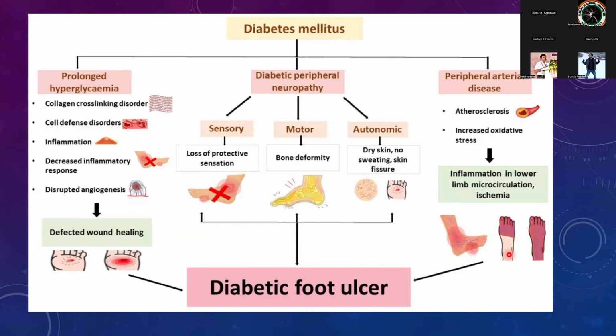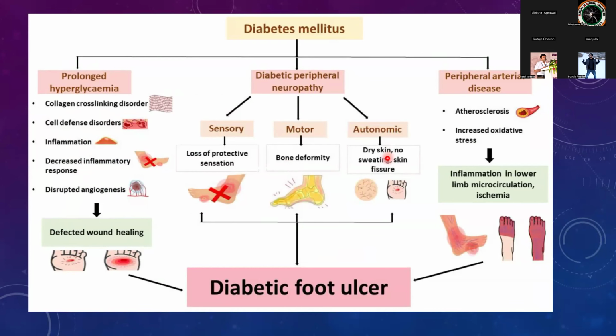We need to understand why diabetic foot ulceration is much more common in diabetes. Patients are in prolonged hyperglycemia, so there is a collagen disorder. The cell repairing mechanism is lost, so there is defective wound healing, and they have underlying sensory motor dysfunction, so repeated trauma goes unnoticed.